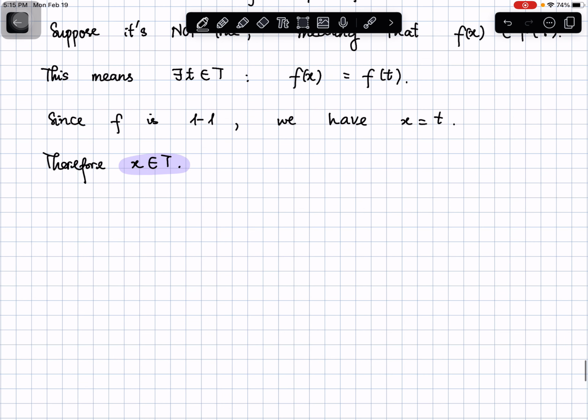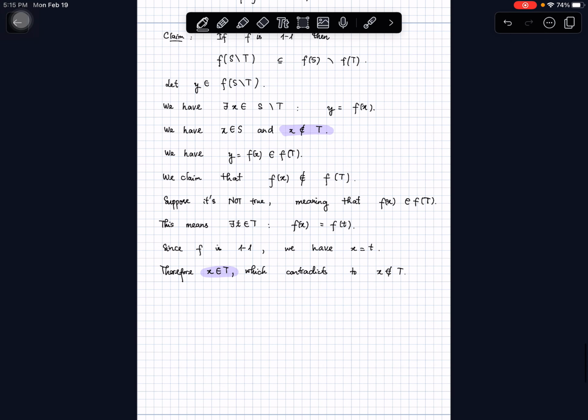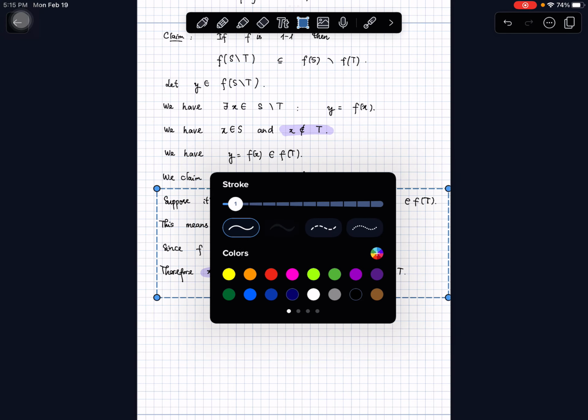This contradicts the fact that x is not in T. So our assumption here is wrong, and we have f(x) not in f(T). So this is a proof.